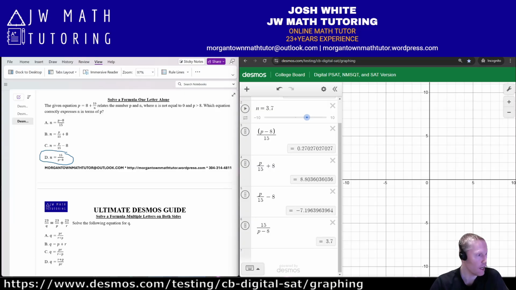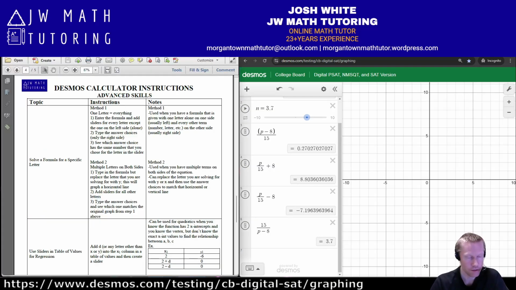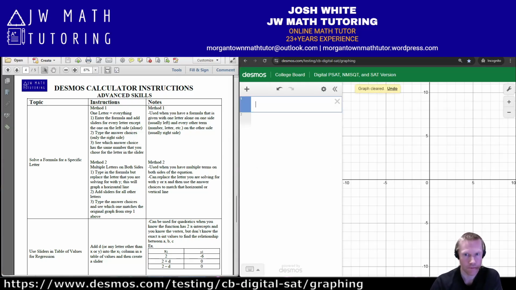Okay, so now to go back to the operations sheet. The second method is what you use when you have multiple letters on both sides. Okay, so what you're going to do here is you're going to type in the entire formula, but the letter that you're solving for, you are going to replace with Y. So whatever letter you're solving for in the answer choices, that letter becomes Y. Okay?